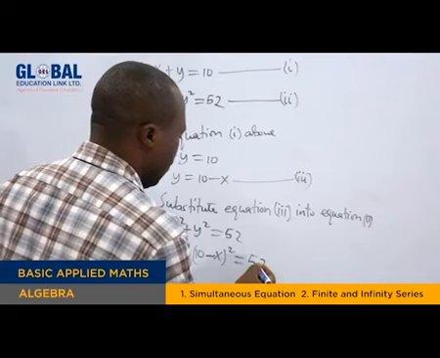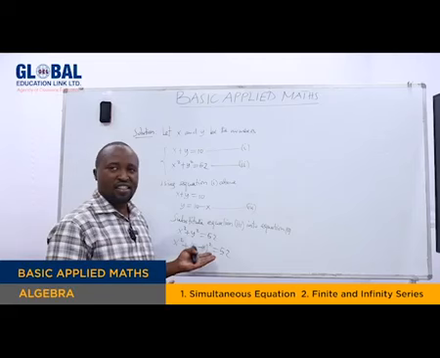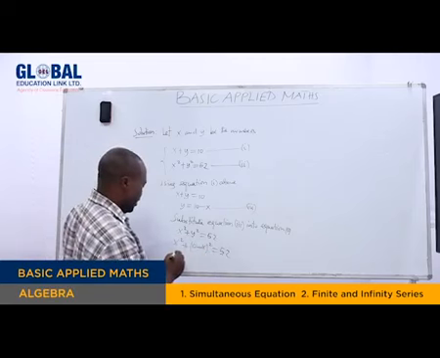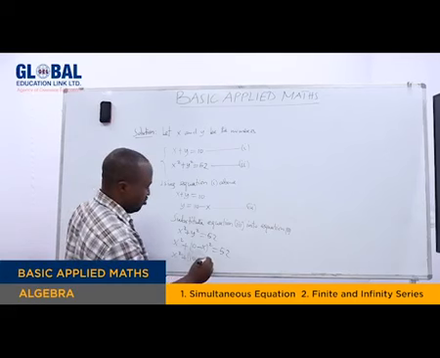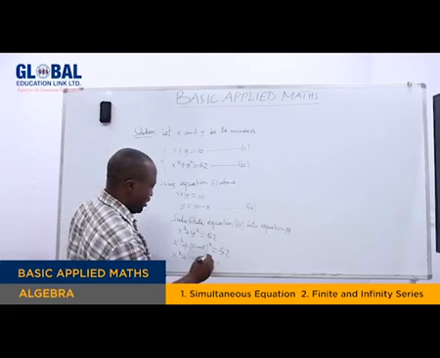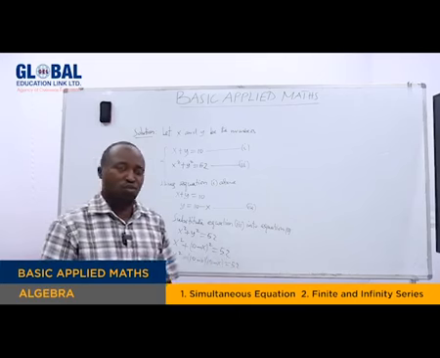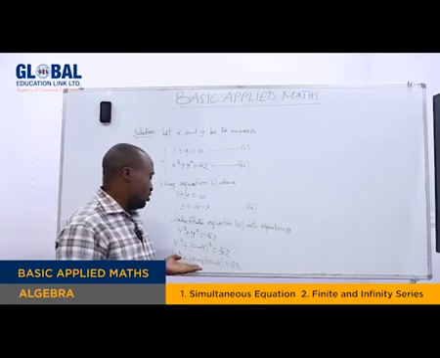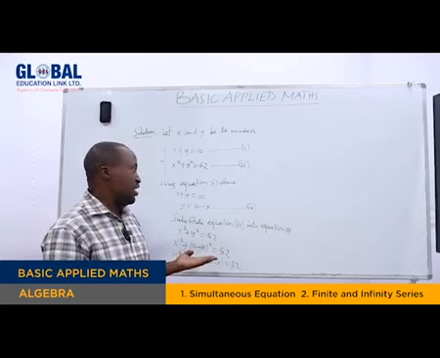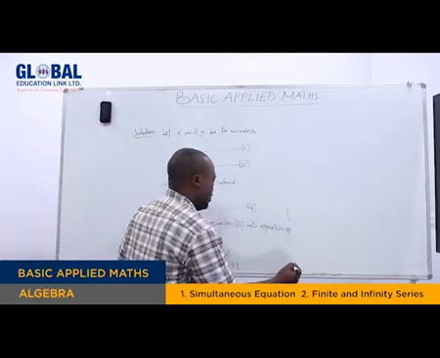Now we are supposed to expand (10 minus x) squared as (10 minus x) times (10 minus x). Now, what are we going to get?